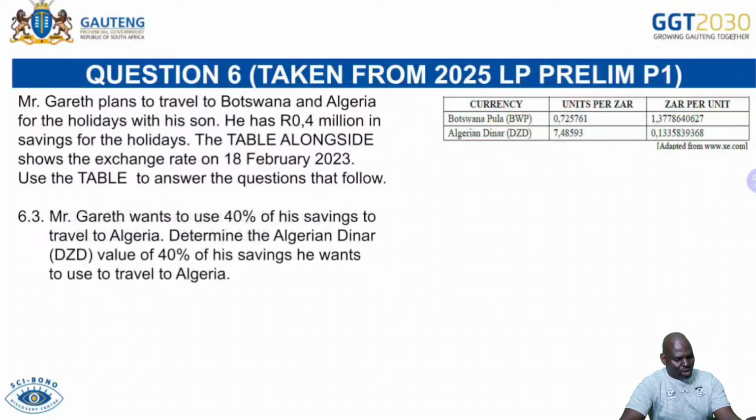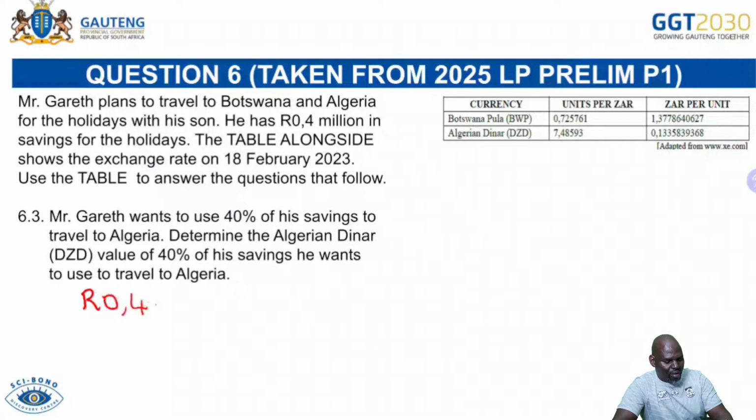Okay, then we've got Mr. Gareth, who wants to use 40% of his savings to travel to Algeria. Determine the Algerian dinar value of 40% of his savings. So we know that it is 0.4 million.